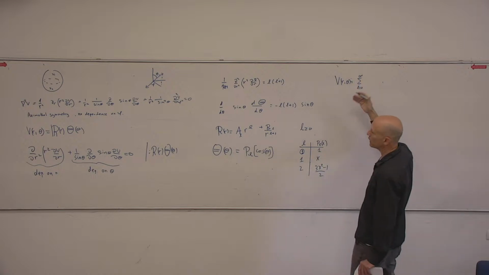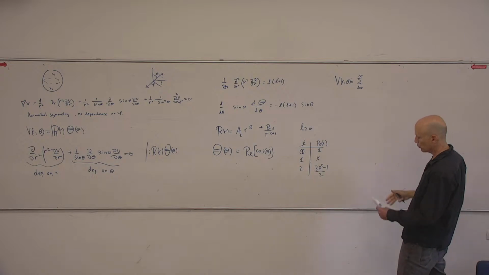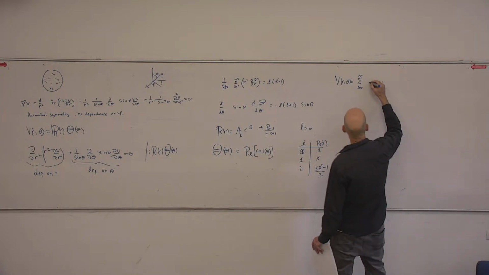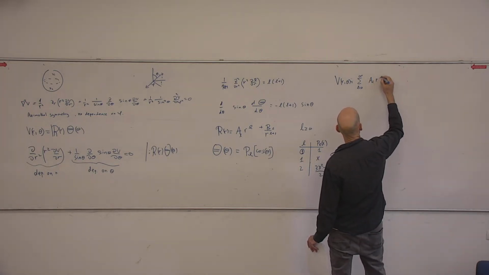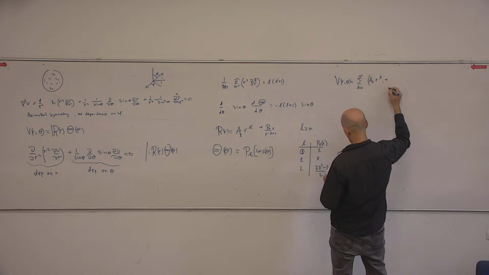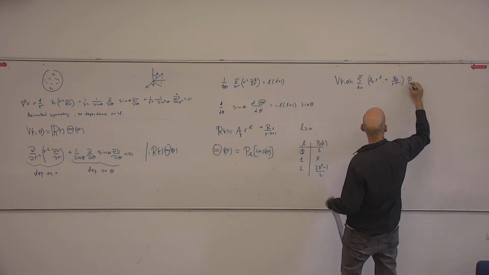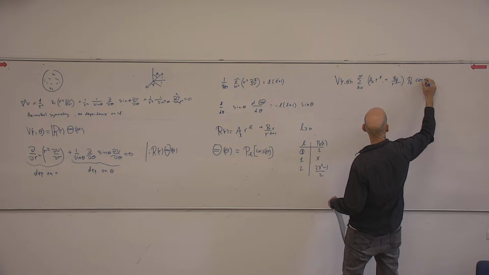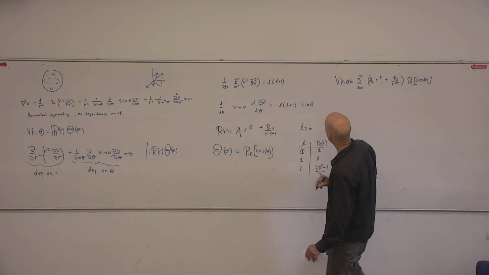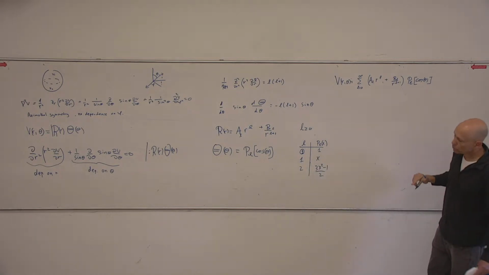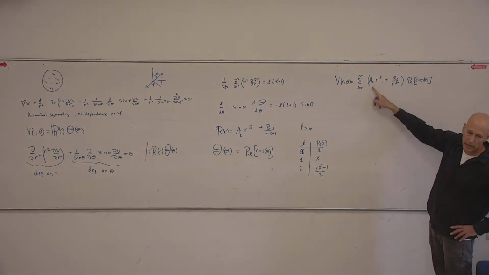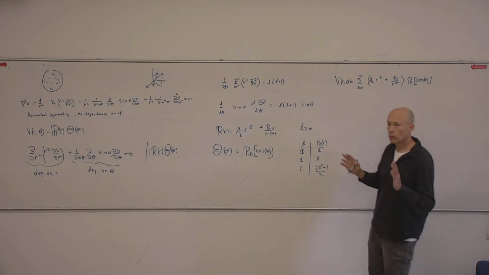So before we summed over n, and now we sum over L. And this is given by A_L r to the power L plus B_L over r^(L+1), times P_L of cosine theta. And then you have two sets of infinite numbers, A_Ls and B_Ls, and we need to determine them.